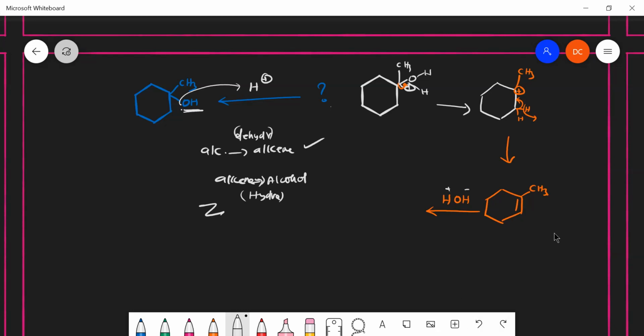H plus and OH minus: where will OH minus approach? Where the lesser number of hydrogens are present. Here in these two carbons, this carbon has one hydrogen only and a methyl group attached, so that is the carbon with fewer hydrogens. So OH minus will be attached here only. Is that clear?